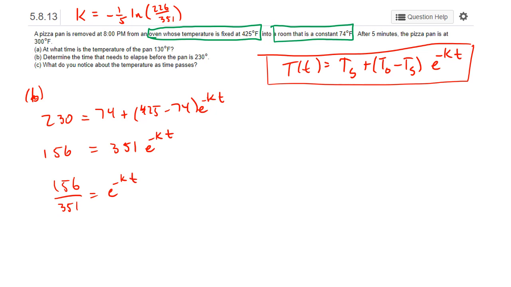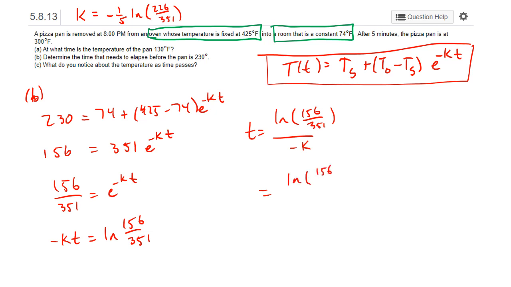I convert it to a natural log to get e to the minus, just negative kt is equal to the natural log of 156 over 351, divide by negative k. So t is equal to the natural log of 156 over 351 over negative k. That's going to give me the natural log of 156 over 351 over 1/5 natural log 226 over 351.